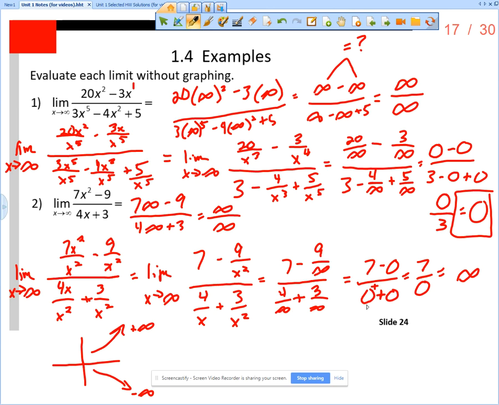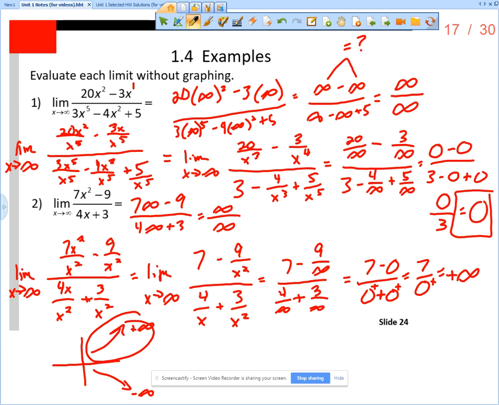So we're approaching 0 from the right. 3 over infinity, that's also a positive number. So I'm taking a positive number plus a positive number, which means we are always resulting with a positive number. So 7 over 0 from the positives is positive infinity. Therefore, this graph is going up and to the right, not down and to the right.